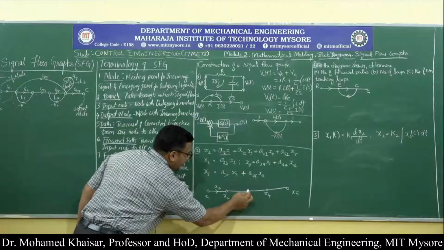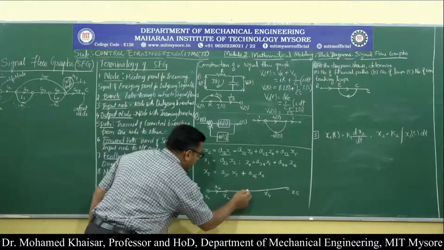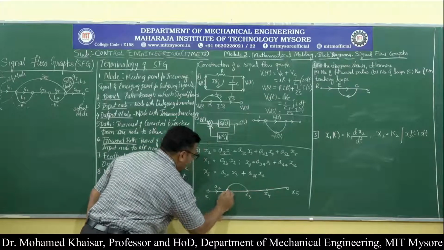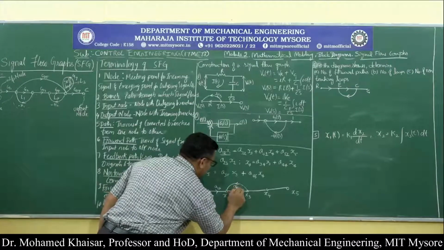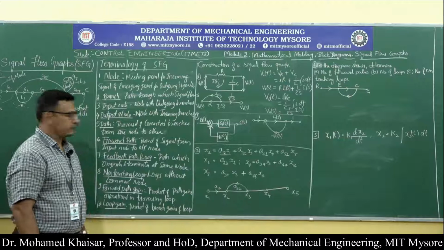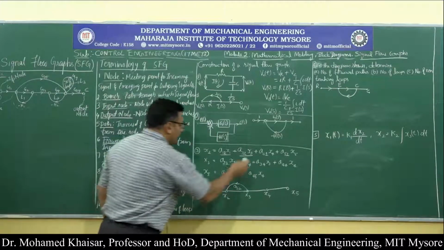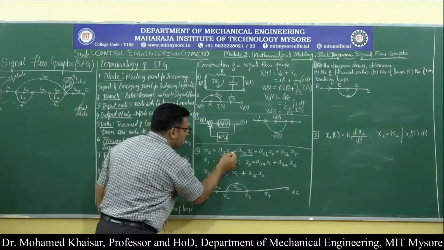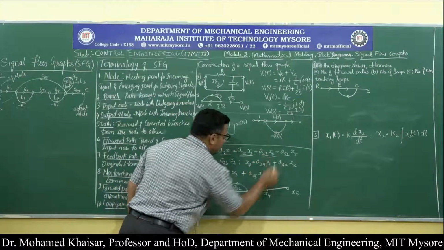x3 is here, 3 to 2, that means today the signal has to flow in this direction. So I will take this path and say, since it is a feedback path, a32. Okay, this is also over. Then x2 is also equal to, in addition to a12 into x1 plus a32 into x3, a42 into x4.